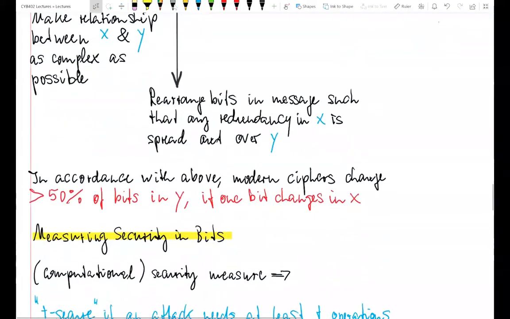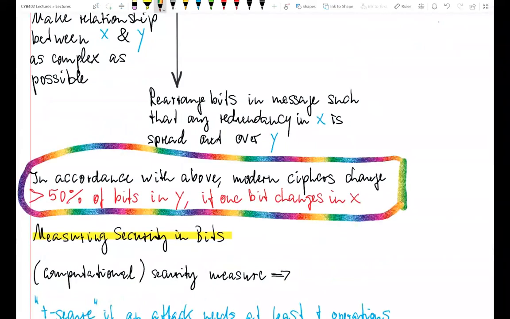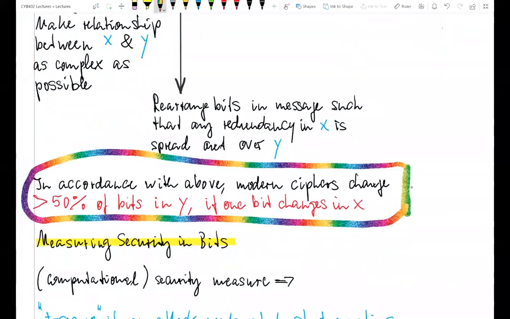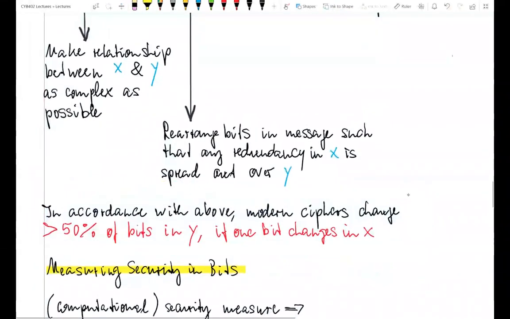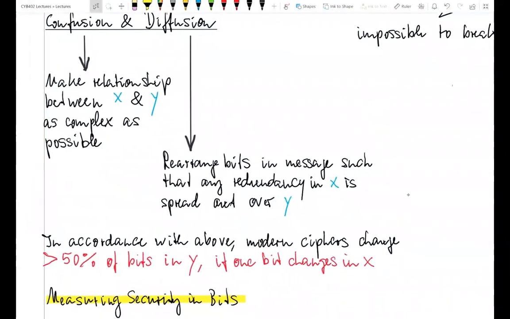So the result of that is, and this is important here, and it's in principle hardly ever named anywhere, but that's what it comes down to, that with modern ciphers, in accordance to what we just talked about, confusion and diffusion, modern ciphers change on the order of 50% and above of bits in the ciphertext if just one bit changes in the plain text.